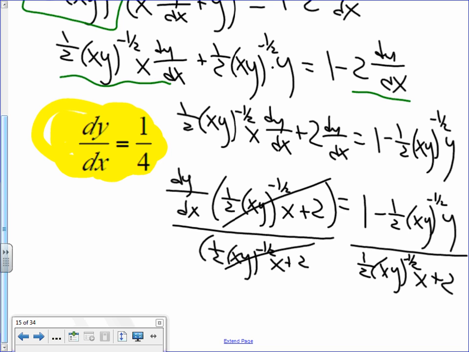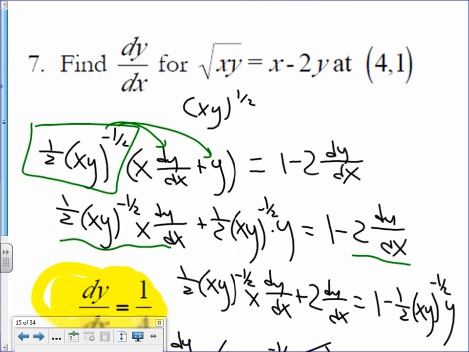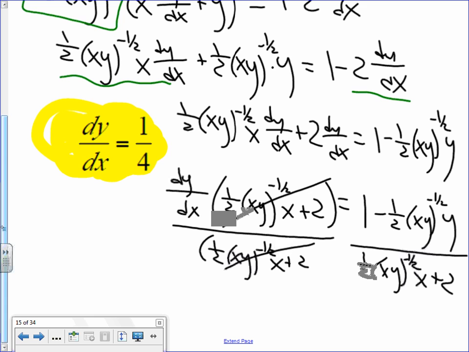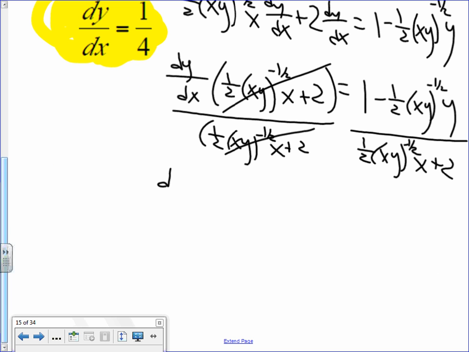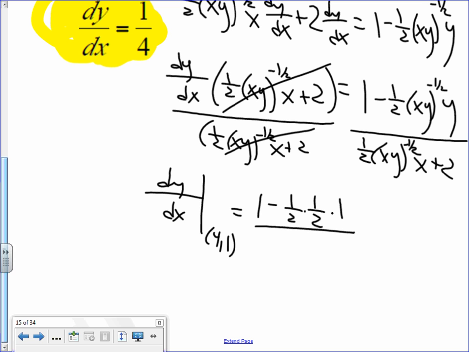And then we had to plug in 4 for x and 1 for y. So the derivative evaluated at the point (4, 1) is going to be 1 minus 1/2 times 4 to the negative 1/2, which would be 1/2, times y, which is 1, over 1/2 times 4 times 1 to the negative 1/2, which is 1/2, times x, which is 4, plus 2.